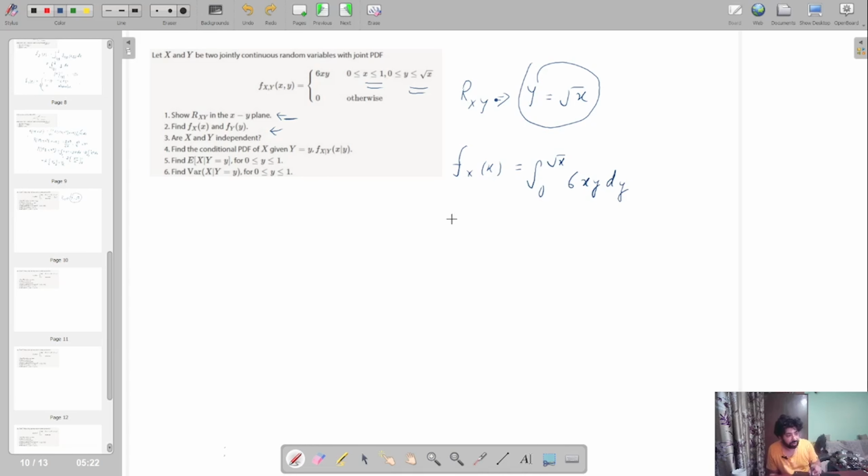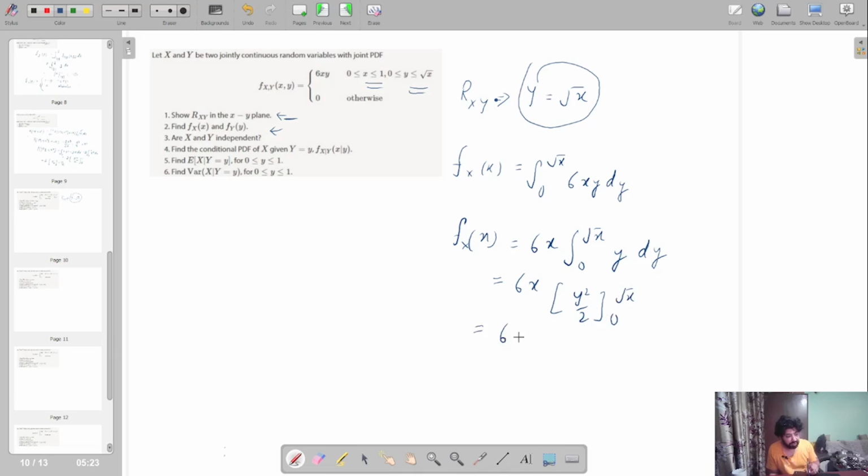Now in order to solve this, we will write f_X(x), and we will take 6x outside. So we will have integral 0 to square root of x of y dy inside, which will come out to be y square by 2, from 0 to square root of x.